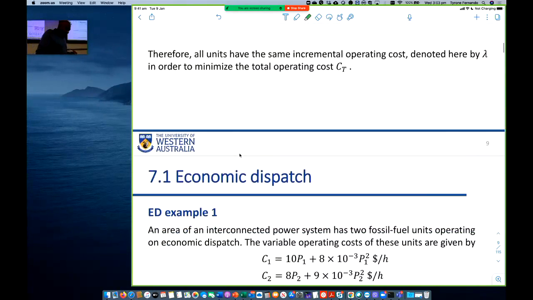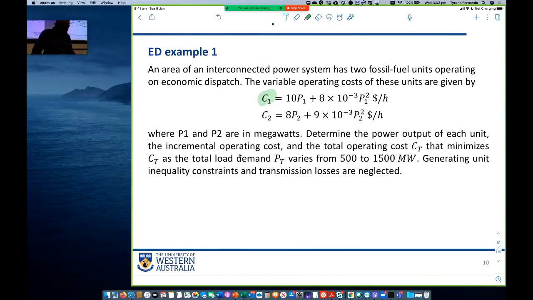So if we then know, let's say there's two generators that need to supply the entire load, so we know C1 and C2. So we differentiate C1 with respect to P1, we differentiate C2 with respect to P2, and we equate them. When we equate them, we have one equation. We also have another equation that says P1 plus P2 must equal the load, right?